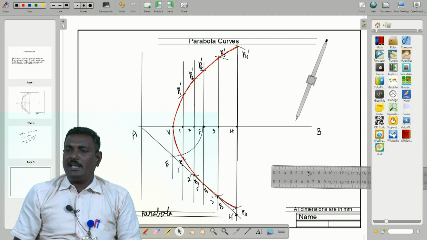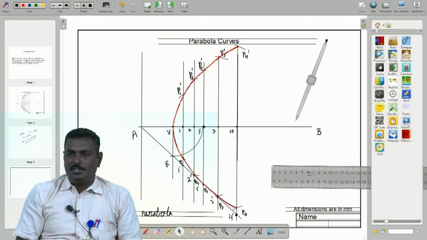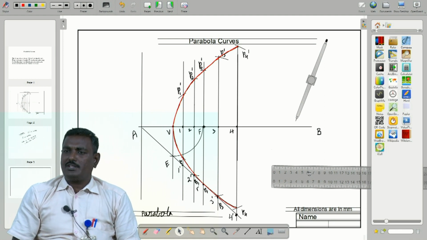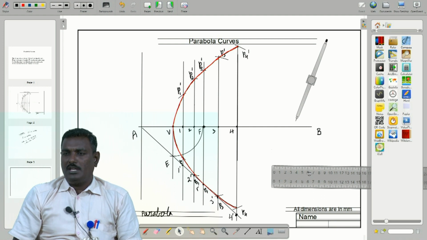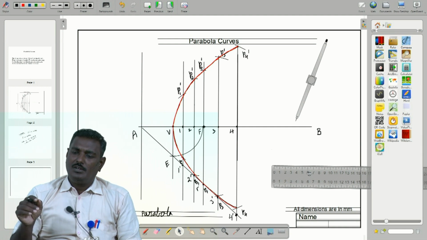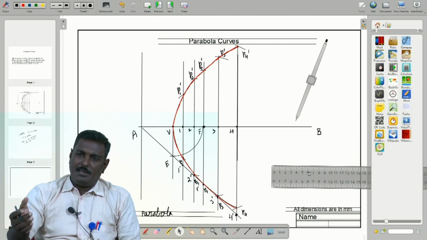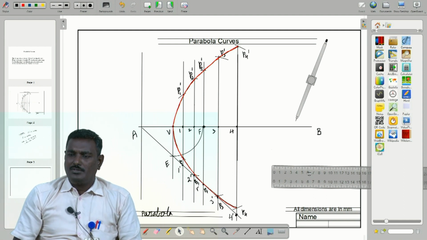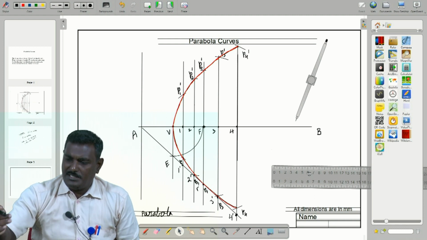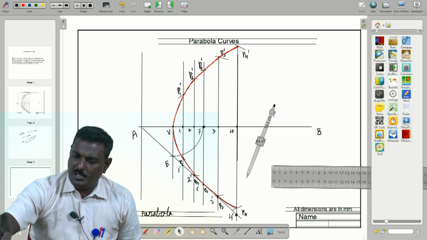This is the method of eccentricity. By using the method of eccentricity, we construct this. You know how to construct a tangent and normal. Suppose they are asking for a tangent and normal, you have to take whatever radius they ask, say 50 mm or 60 mm.